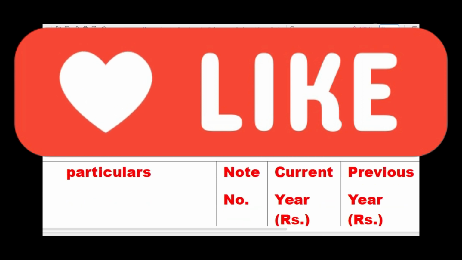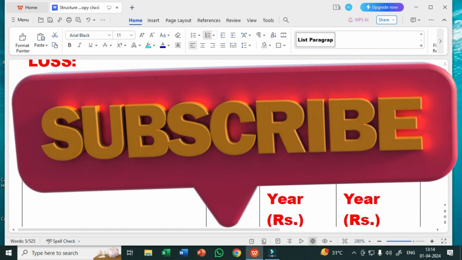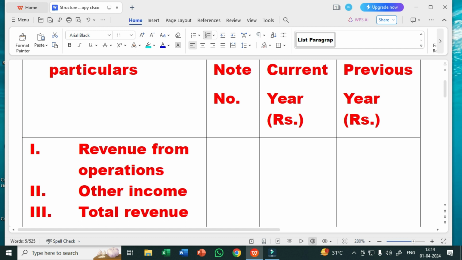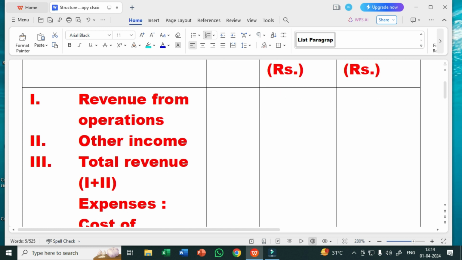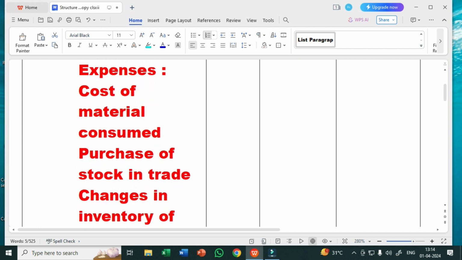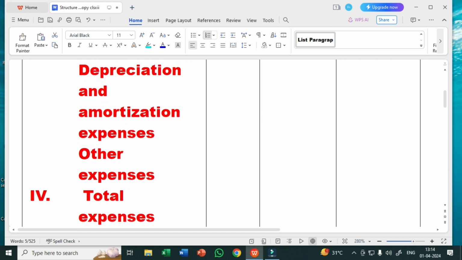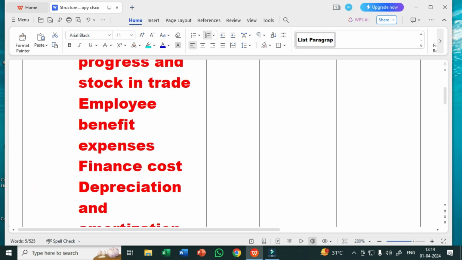Here is the name of the company, and this is the profit and loss statement for the year ended, with the note number, current year and previous year. This is how we prepare the company's profit and loss account, and for preparation of the company's profit and loss statement, we use this type of format. I will show you details in your coming class.